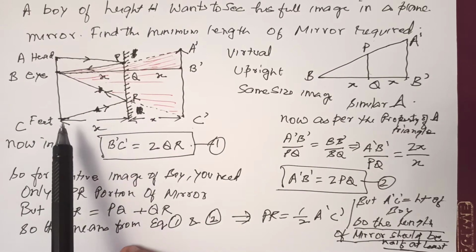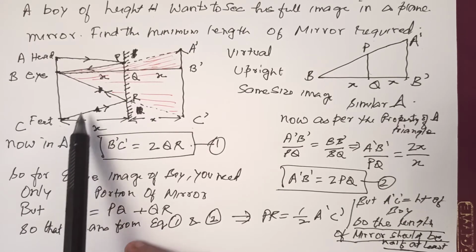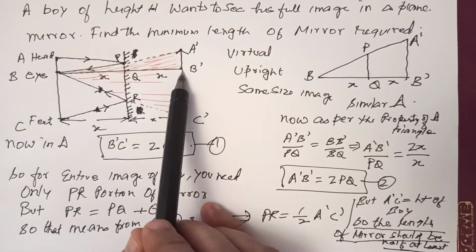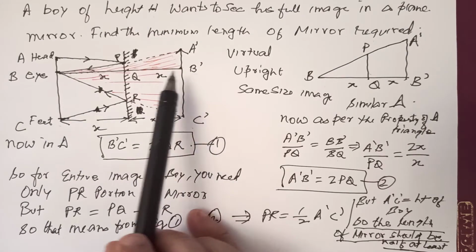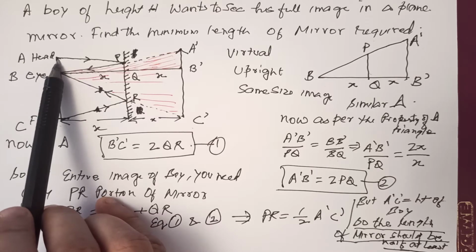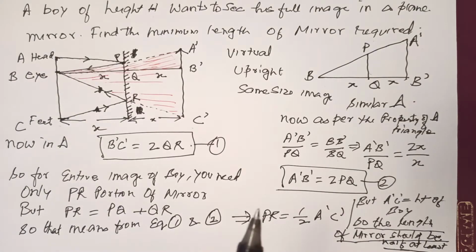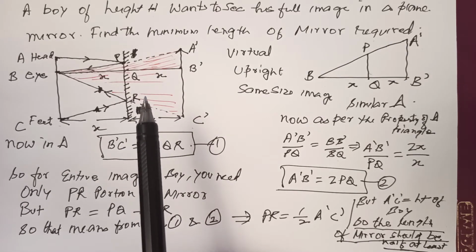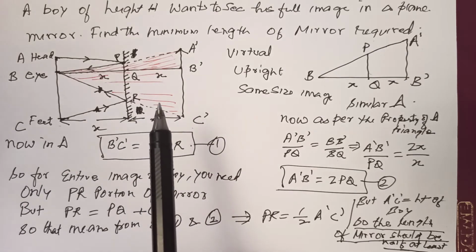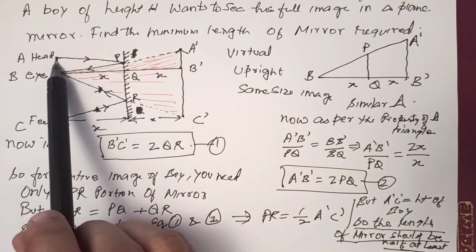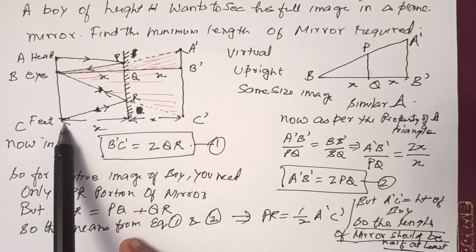Now for this, this is where the eye of the image is, correct. When I say peak, if I talk of a mirror which can show the image of a boy, then for the entire image, what are the two peaks? The two peaks are the head and feet of the boy.